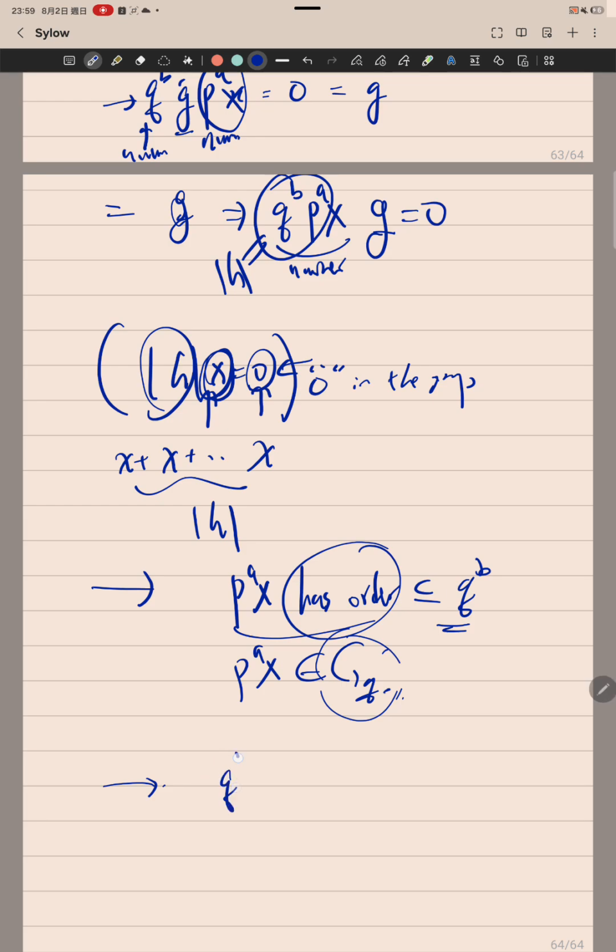Similarly, Q to the B y g is inside GP1, the P part. Yeah, so this finishes it.